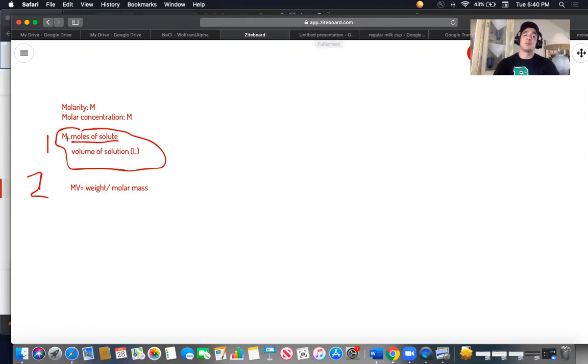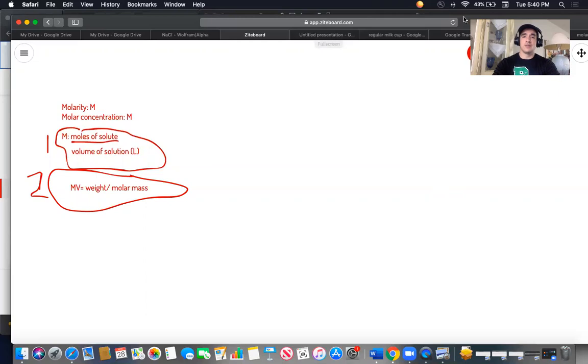So M is going to be molarity, concentration. V is going to be volume in liters. Weight is going to be the weight of the solute they give us, or we have to solve maybe. And then molar mass we can find on our own with the chemical equation. That's going to be equation number 2.